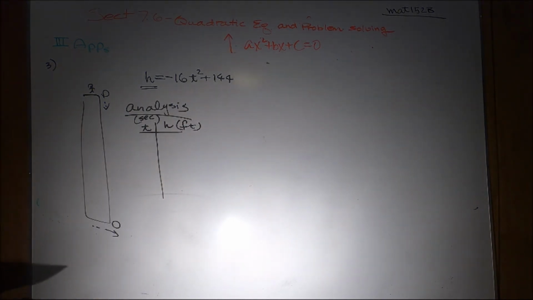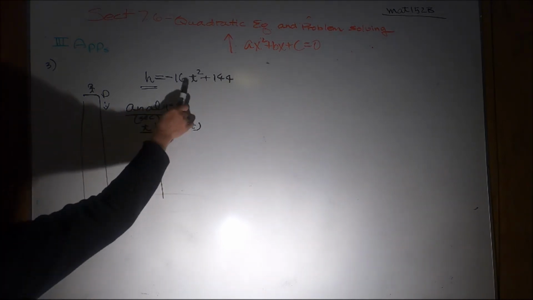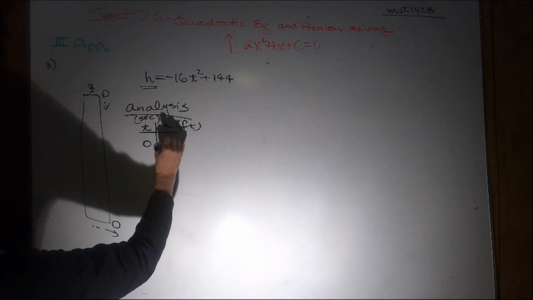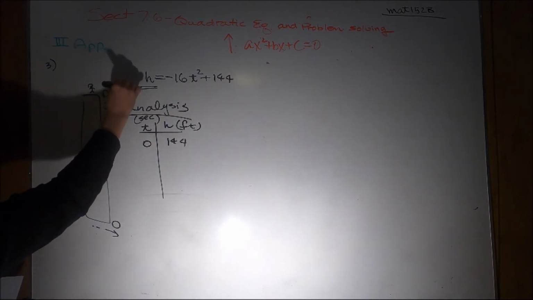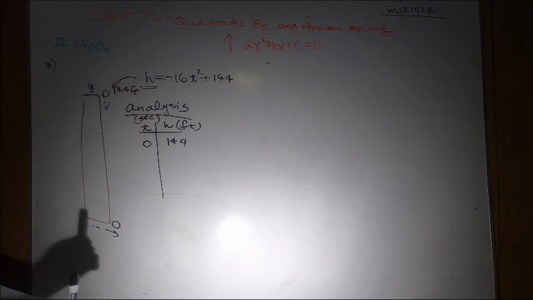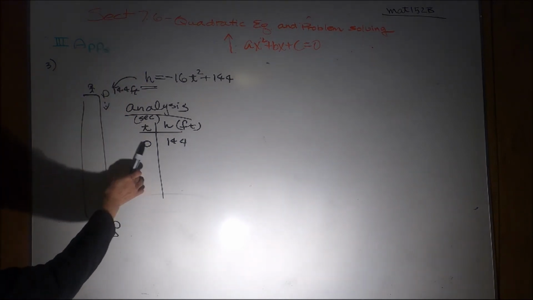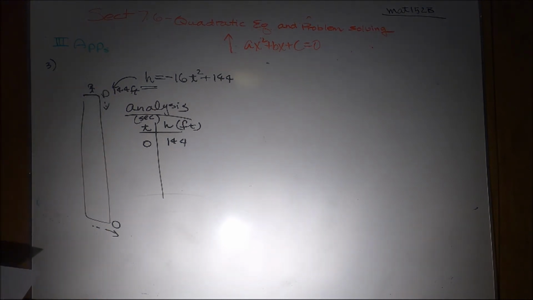Let's just take a look. When t is 0, you plug in t is 0. What's your height? 144. That means at the beginning of time, the ball is here, above the ground, 144 feet, right?